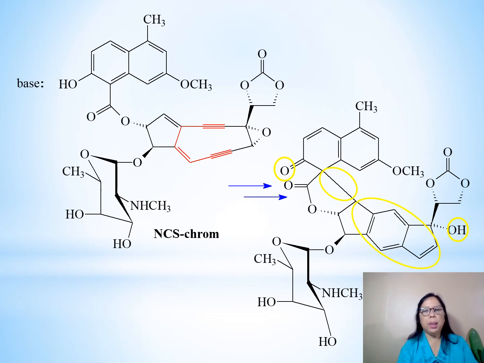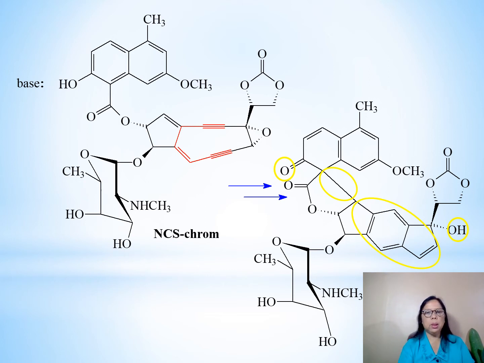But what will happen is the triple bond will bring out one of its electron, and this one will also bring out one of its electron, thus having to close this one and also forming now this structure.